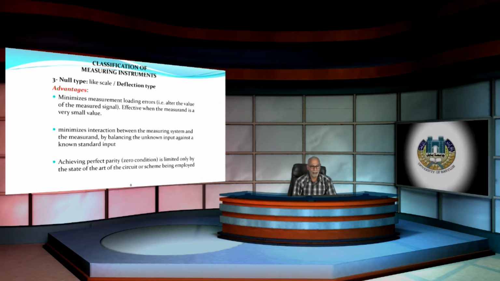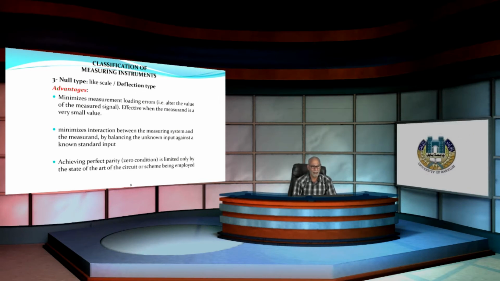Null type, like scale. Advantages: minimizes measurement loading errors, in other words, alteration of the value of the measurement signal. It is effective when the measured value is a very small value, and minimizes interaction between the measuring system and the measurement by balancing the unknown input against a known standard input.